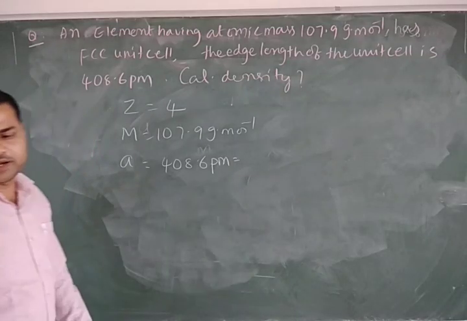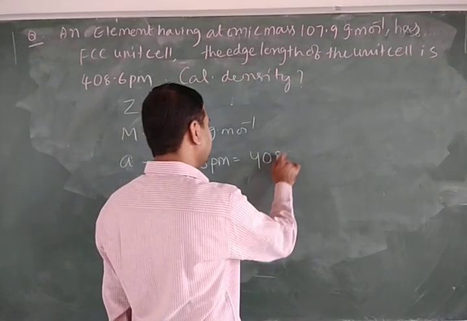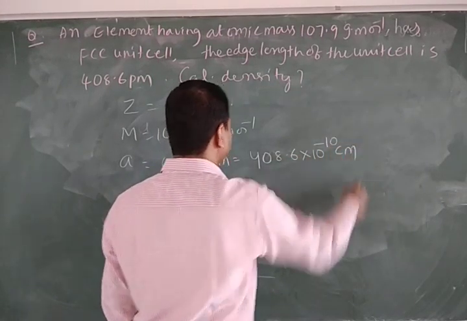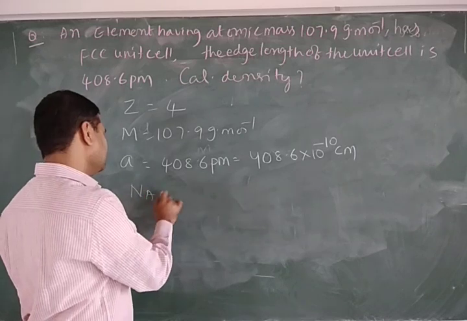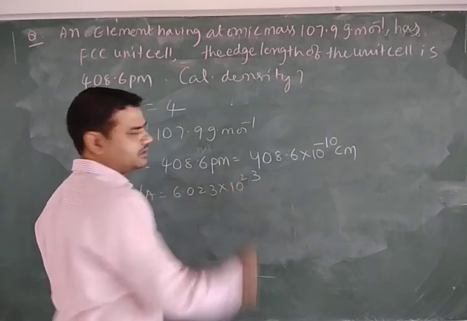I am converting this into centimeter: 408.6 into 10 to the power minus 10 centimeter. And Avogadro number Na is 6.023 into 10 to the power 23.